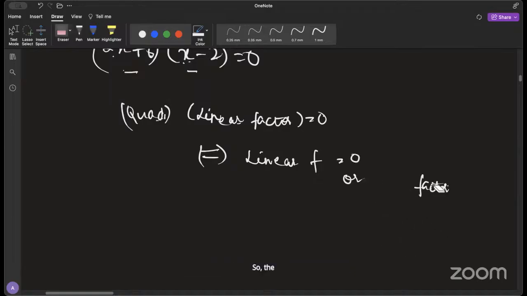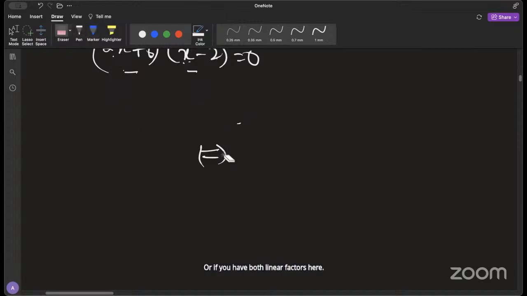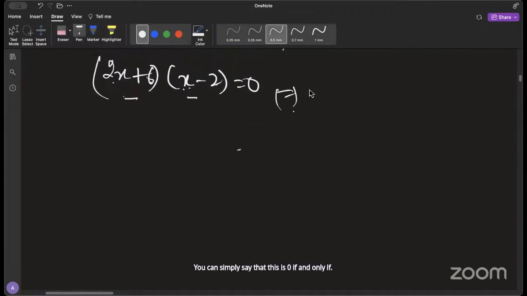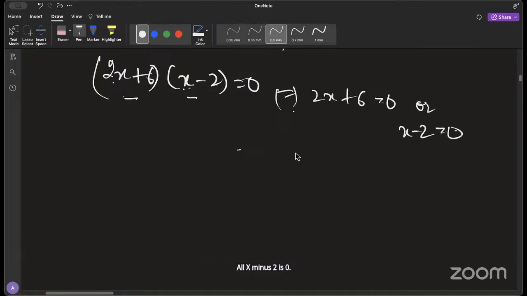So if you have both linear factors here, you can simply say that this is 0 if and only if either 2x plus 6 is 0 or x minus 2 is 0, which is either x equals minus 3 from here or x equals 2 from here.